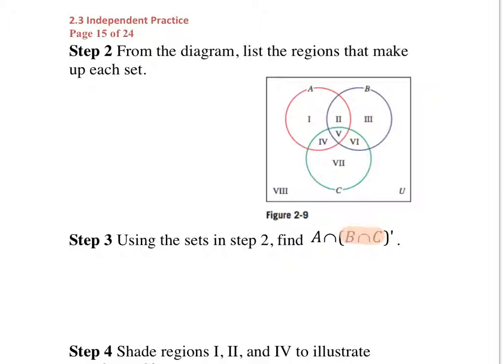B intersect C. B intersect C, as you can tell, is where the two circles B and C intersect. Where they intersect is these two regions: region 5 and region 6.